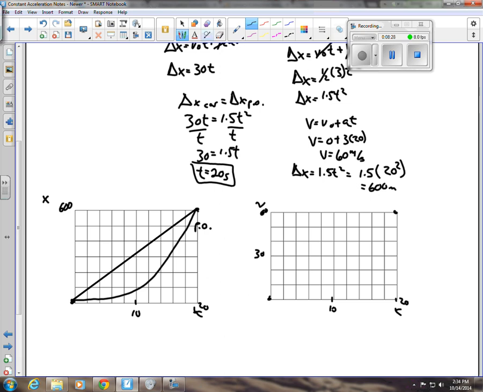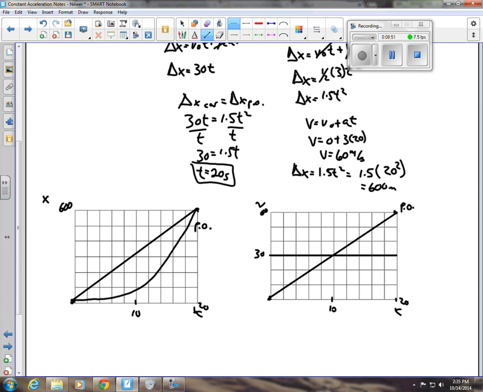He's speeding up the full way, so his velocity is going to look like that. So we'll label that one the police officer. The car has a constant speed of 30, so that means he stays at 30 the whole time. So that would be a graph for both their motions.